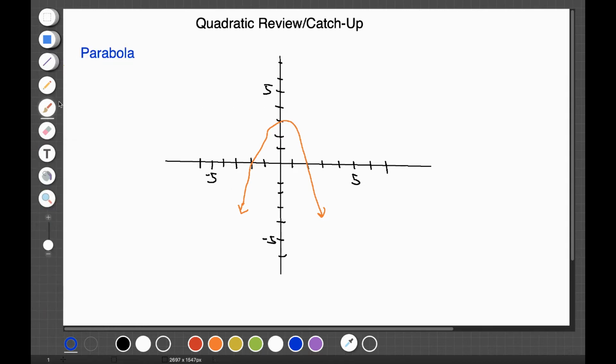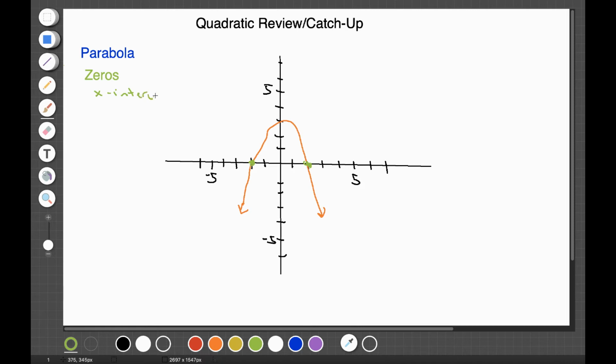Okay. So there are some really important features here that we've learned about. So the first one is the zeros. Let me do that in green. So the zeros are where it crosses the x-axis. So right here and right here. So that's what we need to remember, is that they are the x-intercepts.